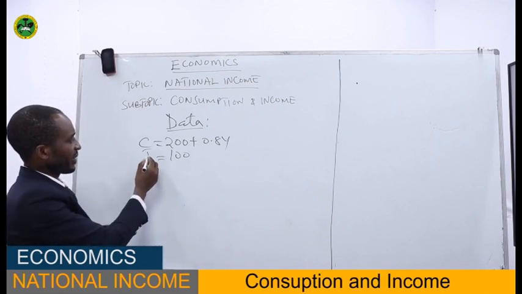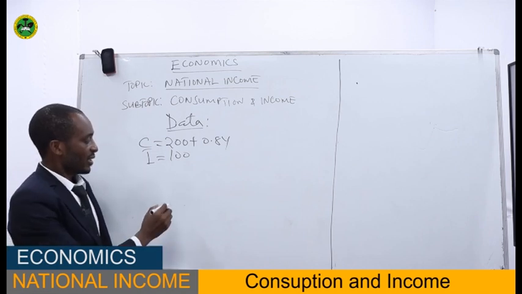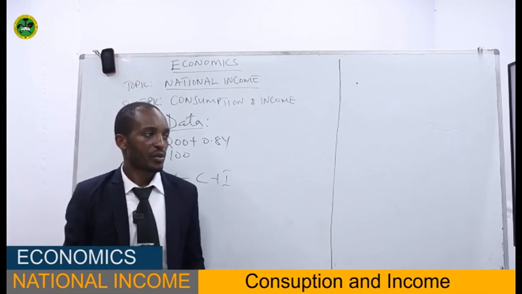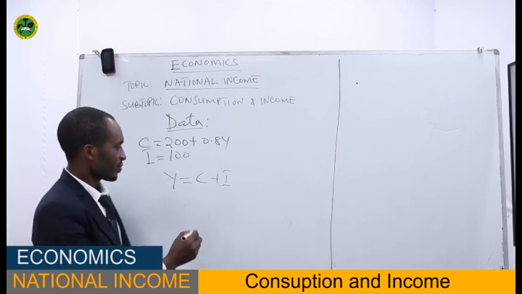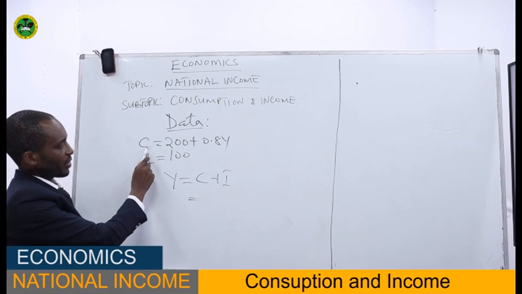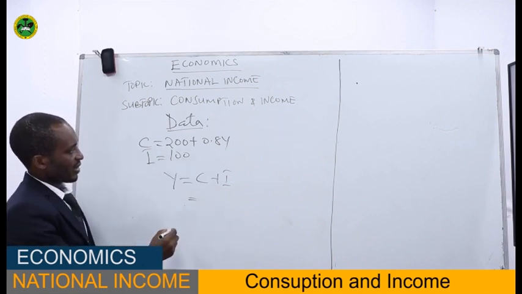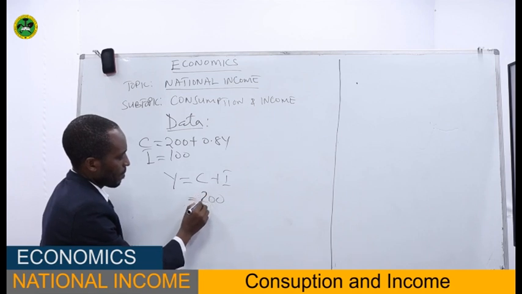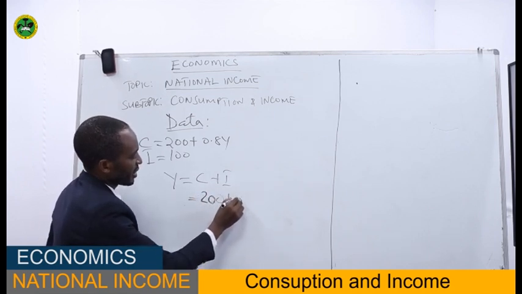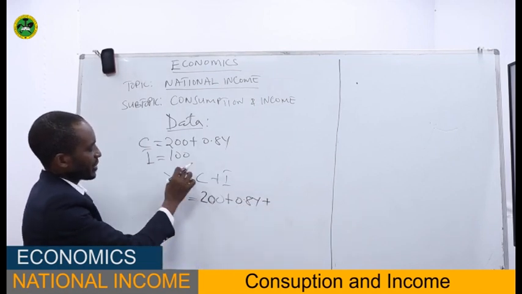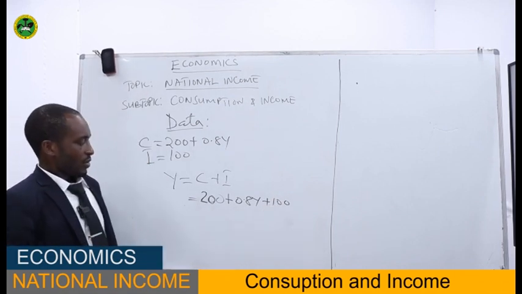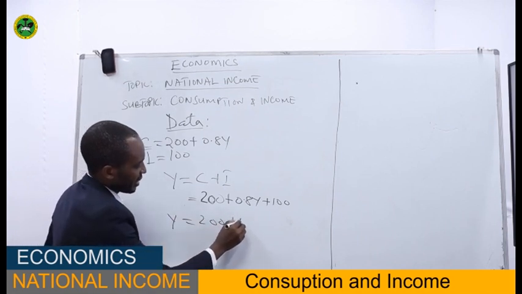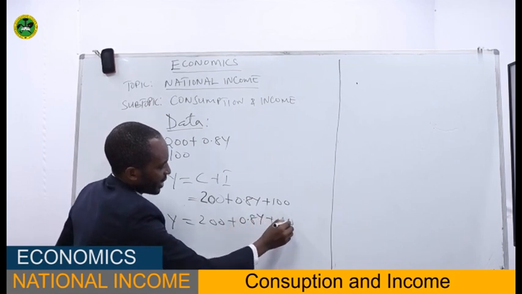We know that since we are given C and I, the equation to be used is y equals C plus I. Now you can plug this information into the equation: the consumption is 200 plus 0.8y, plus I, which is 100. So our income would be y equals 200 plus 0.8y plus 100.